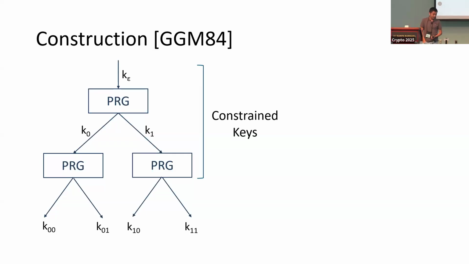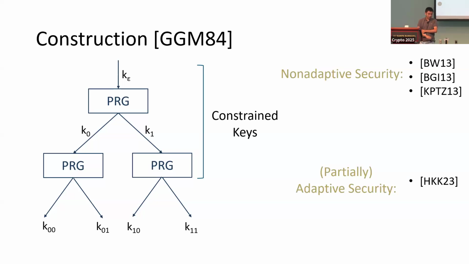So GGM basically tells you how to construct the PRF from a length-doubling PRG, where the leaf nodes are the outputs of the PRF. Here we can view all the internal keys as constraint keys, and they allow you to evaluate on inputs that are lower than them. The non-adaptive security was much easier, but the partially adaptive security was only recently shown to be secure via a rewinding technique.